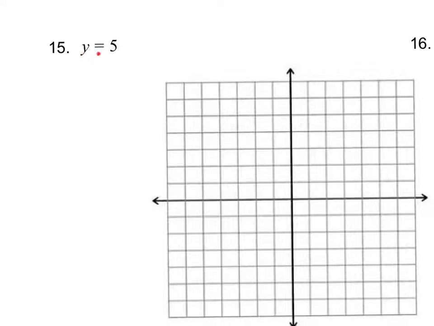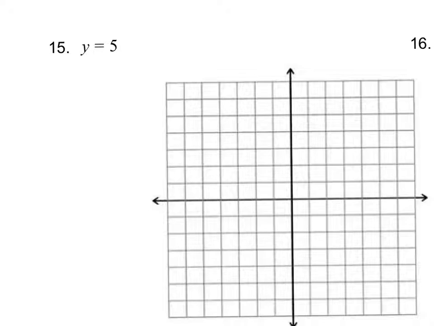And since we aren't given any information about x, x could literally be anything. And we say that x could be any number between negative infinity to positive infinity. So we want to draw a line that shows x could literally be anything, y can only be 5.